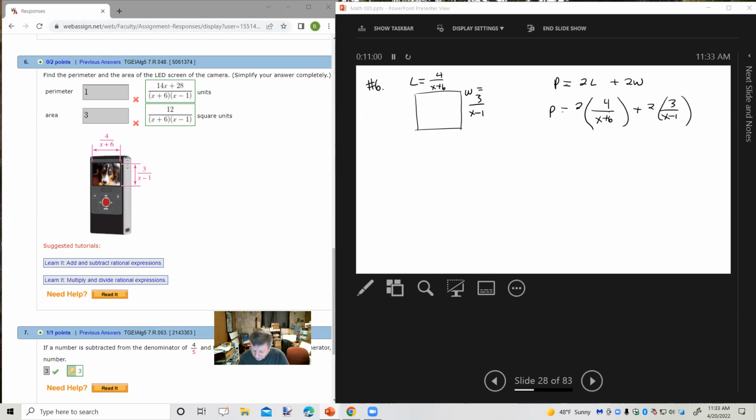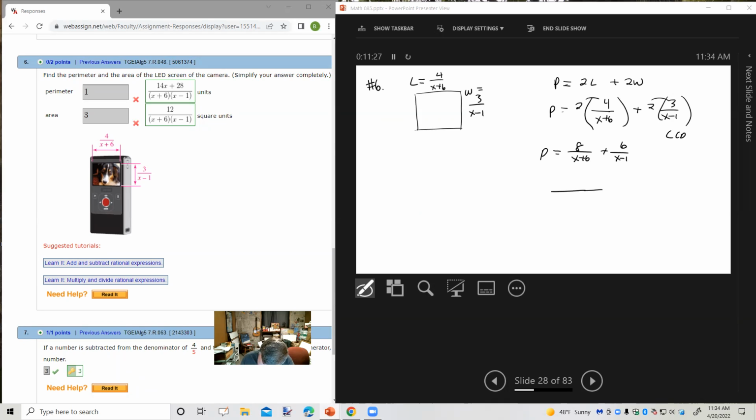So that would give us what? 8 over x plus 6 plus 6 over x minus 1, just multiplying the numerators. Now, this is not an equation, so we can't multiply both sides by the LCD and clear the fractions. We can only build so that they have the same denominator and then add them together.